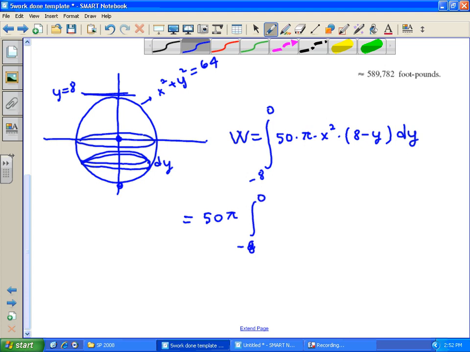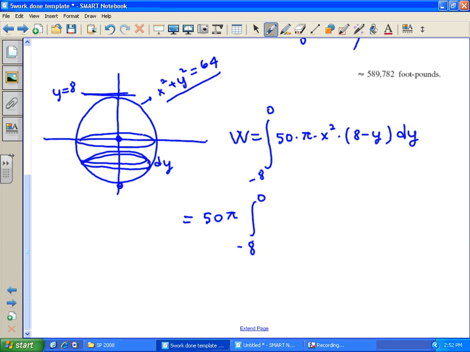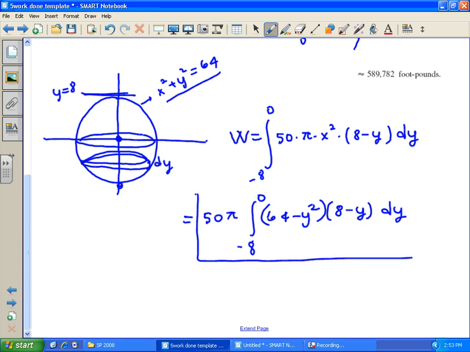From -8 to 0, instead of x squared, I can use this equation, which is 64 minus y squared, times 8 minus y dy. Okay, let me double check. Okay, it looks good.